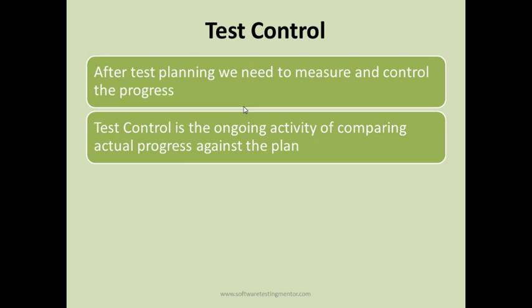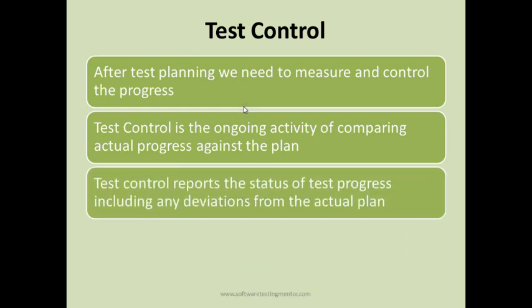All these activities that you do on a daily basis are test control activities, because you compare actual progress against the plan. Then test control reports the status of test progress, including any deviations from the actual plan.